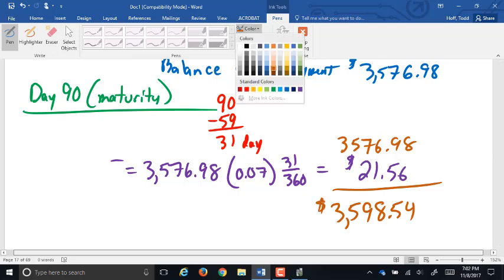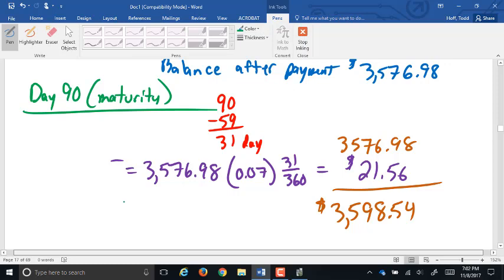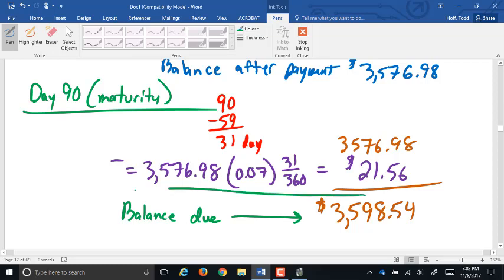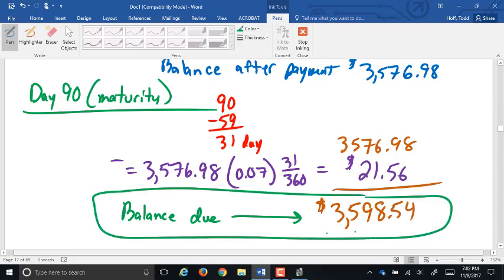Now this isn't a payment, this is maturity, which means that amount is the balance due at maturity. So on that day, on day 90, that's the amount that has to be paid up. That's part A.